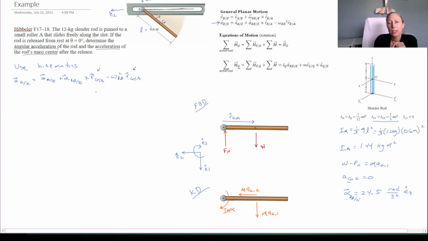So the sign on those position vectors would be the opposite. It will work either way. I'm just going to continue to view this as the mass center rotating around point A.